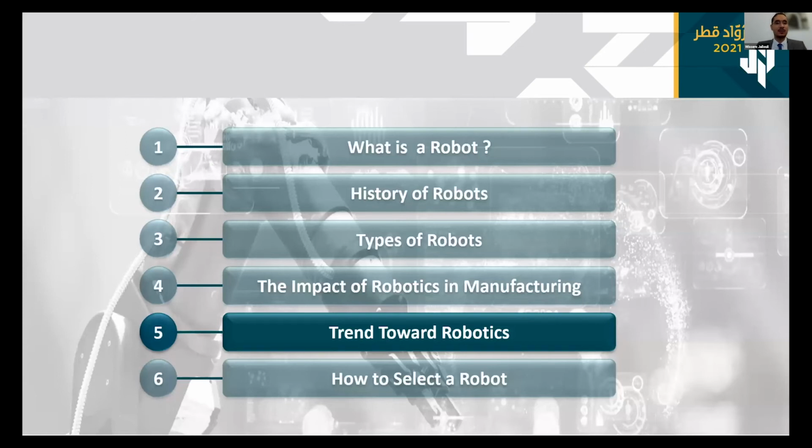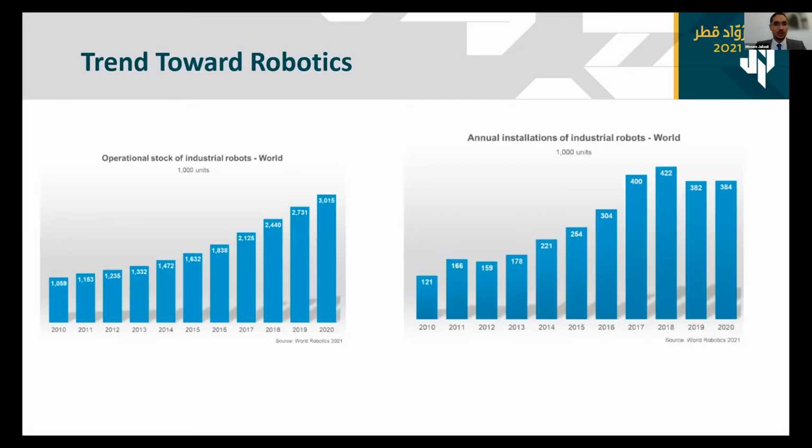Speaking now about the trend toward robotics. As you can see in the graph on the left, this is the operational stock of industrial robots worldwide, in thousands of units. In 2010, we had almost 1 million robots installed all over the world. However, this number tripled to 3 million robots in 2020.